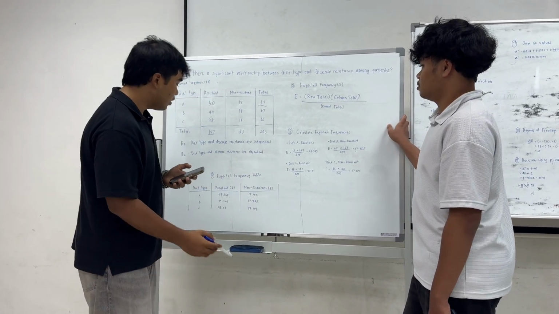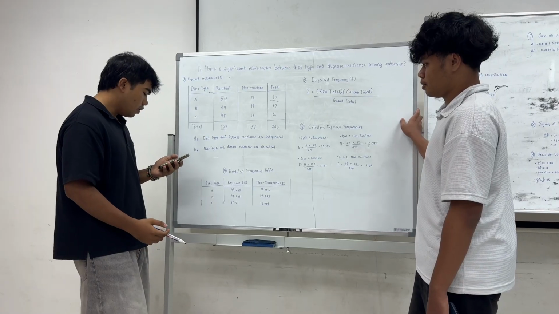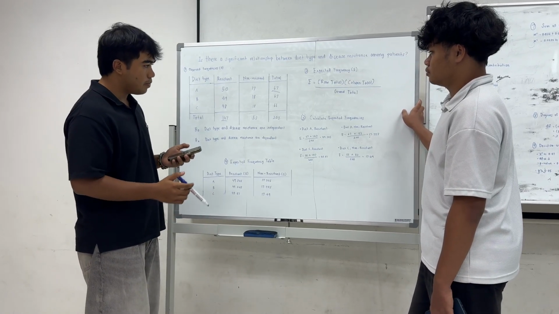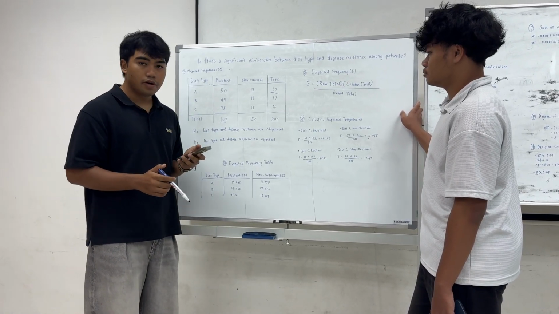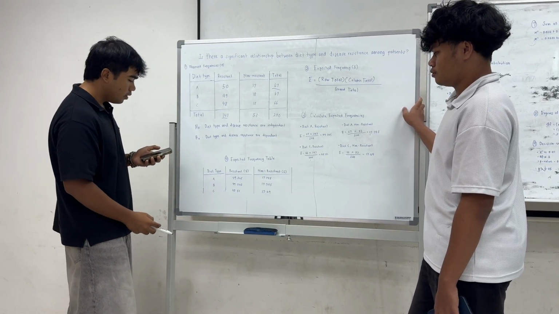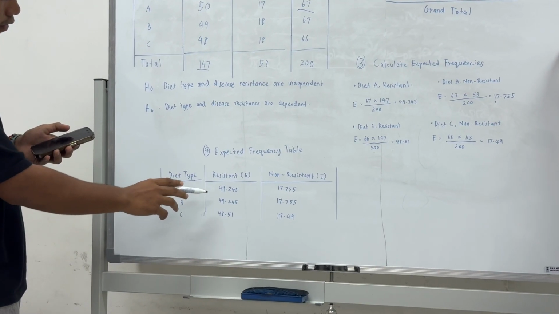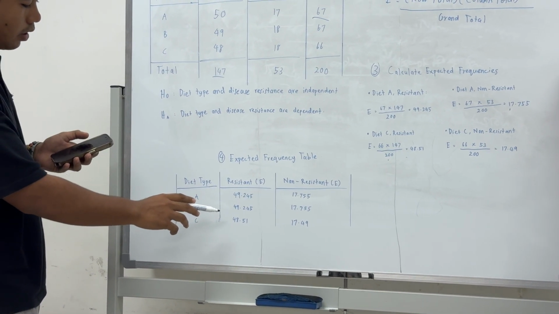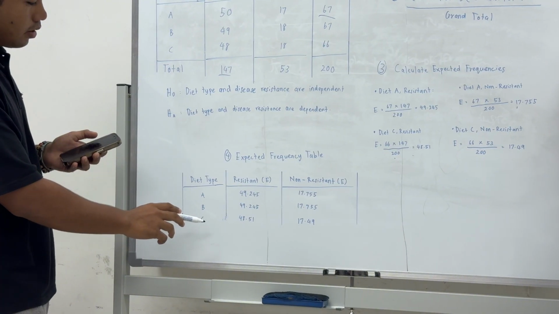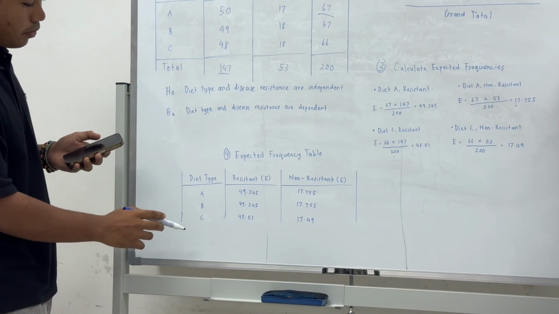Now let's move on to step 4, expected frequency table. After calculating all the expected frequencies, we summarize them into a table. So as you can see here, for resistant A is 49.245, for B just the same as A, and for C 48.51.